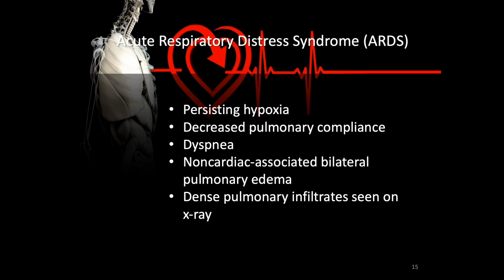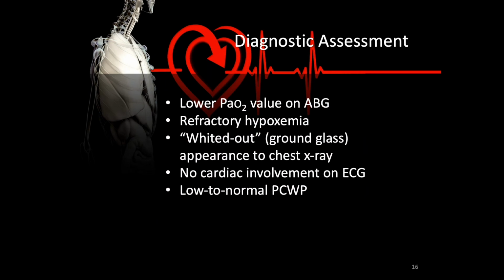With ARDS, there will be persistent hypoxia despite using more and more oxygen. This is known as refractory hypoxemia. A decreased pulmonary compliance, that is a stiffening of the lungs. Dyspnea, non-cardiac associated bilateral pulmonary edema, and a dense pulmonary infiltrate seen on X-ray, known as whiting out.